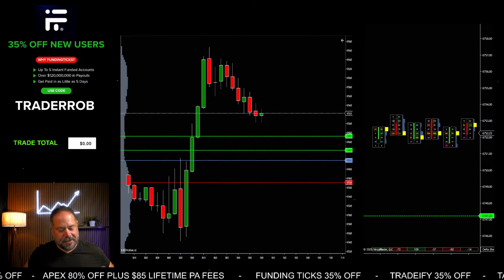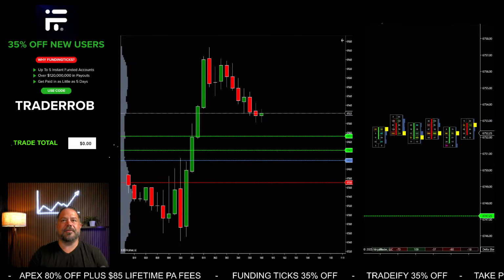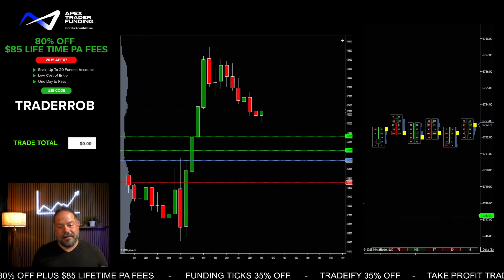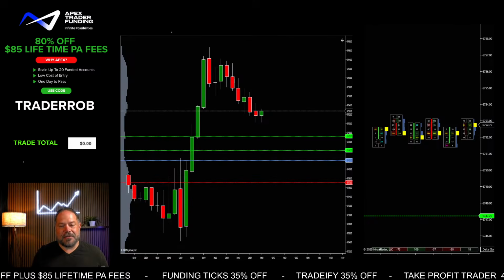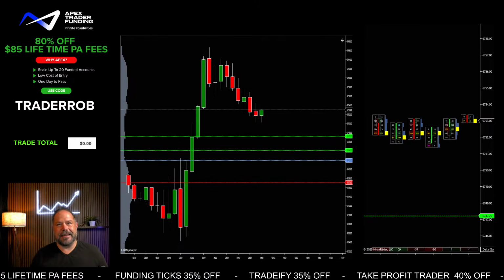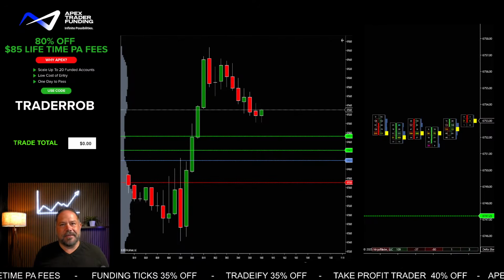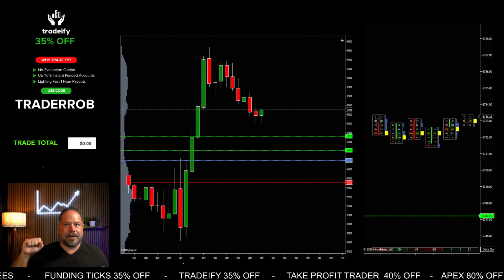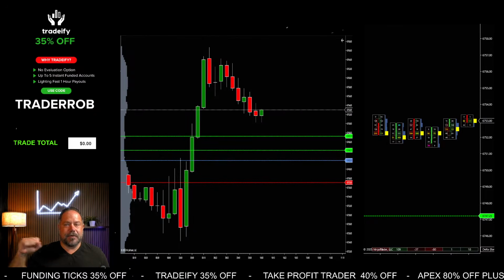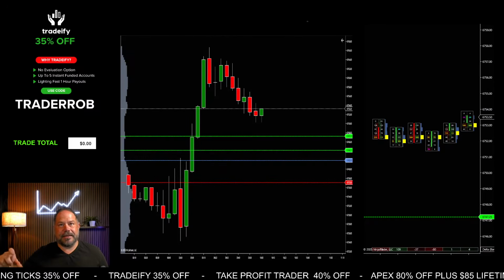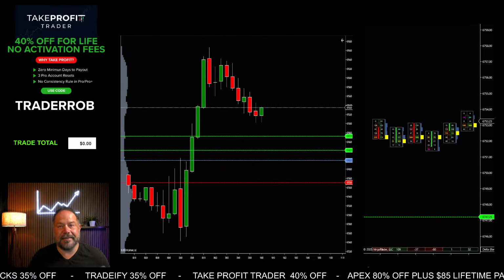The only other issue that I have with the NQ with my footprint confirmations is that I'm looking for areas of high volume, high reaction, very quick, very confident movements. Confident movements mean very quick reactions in the market, and that affects the footprint chart because it starts moving really fast.